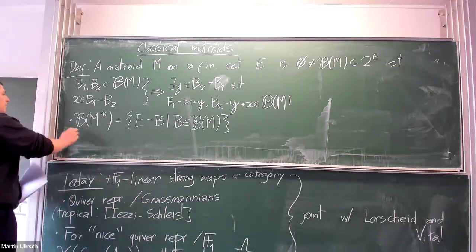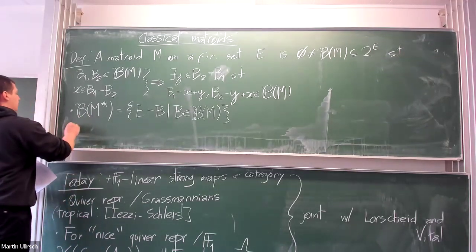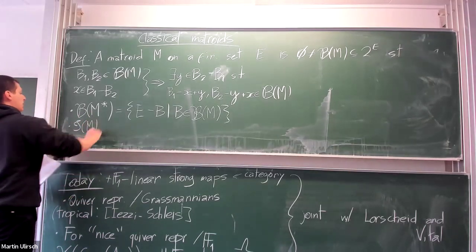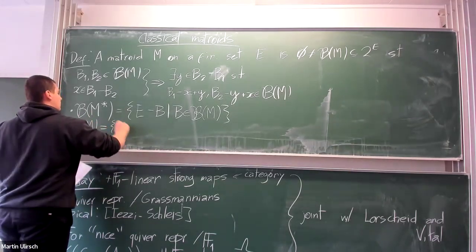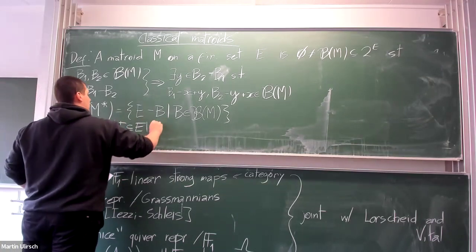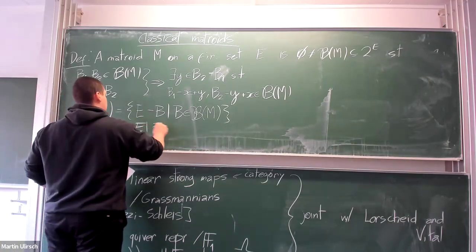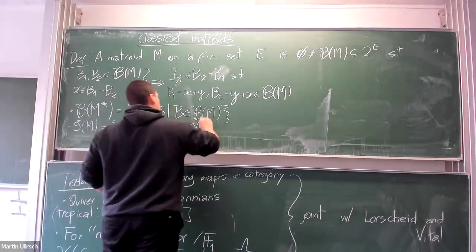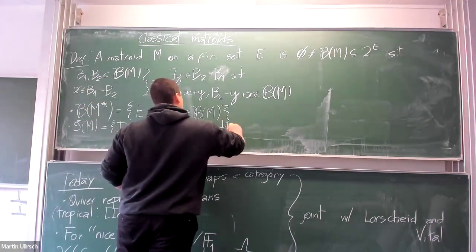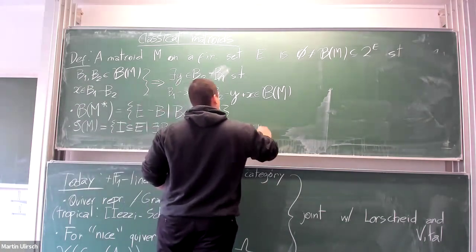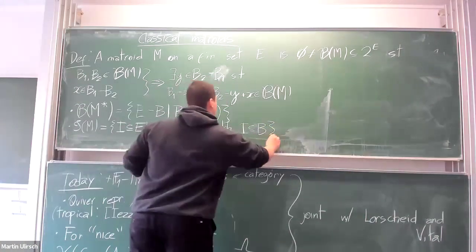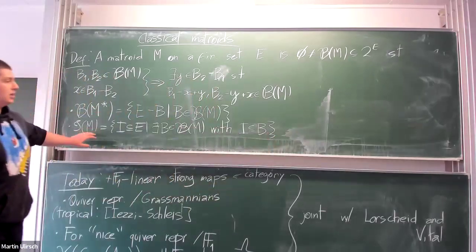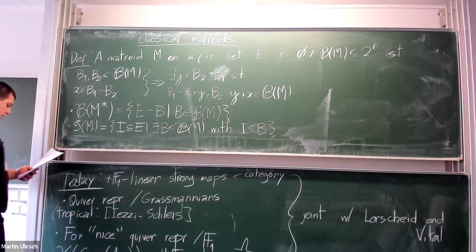Okay, I have the dual matroid. I have just a definition here of independent sets. So subsets of bases are independent. Okay, this is the name.